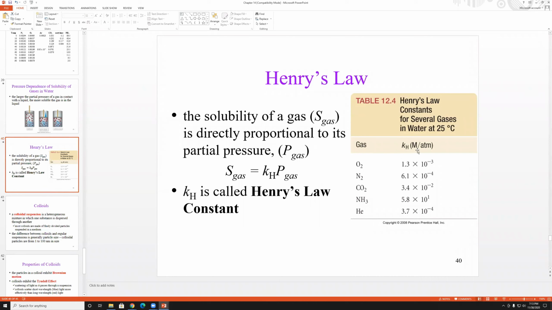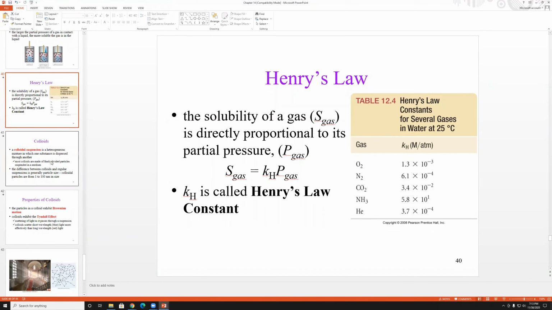For Coke and other drinks like that, it's water-based, so it'll be about the same constant. Based on its pressure, you can determine the solubility. So it's another directly proportional formula. This would be given, and I honestly don't think you're going to have questions on this on the exam. It's a very small part of the lesson, but it's there, so you might have questions on the homework about it.